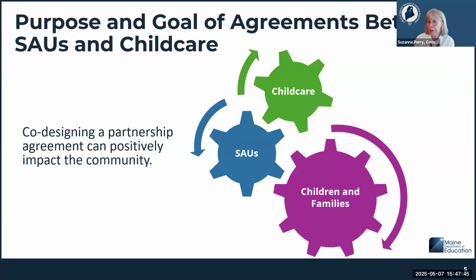Co-designing a partnership agreement will help establish a written agreement that defines the activities, the supports, the services, and who will be engaged in that work. Partnership agreements can ensure smoother transitions for everyone involved to provide comprehensive services, helping to create high-quality programming with the goal of building everyone's capacity to meet the needs of their community.